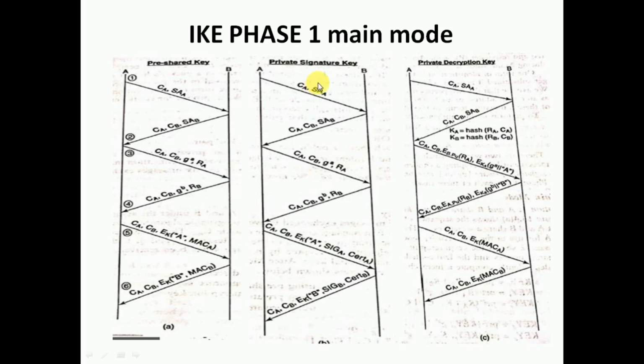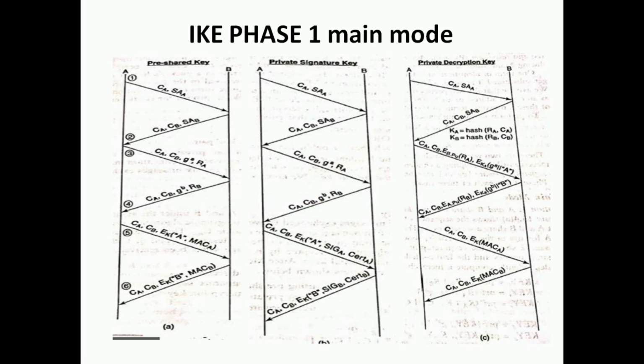Now in the second figure, that is the private signature key, the sequence of messages exchanged between A and B is similar to the previous case. Here also it first sends the cookie, then the security association of A, then it accepts the cryptographic algorithm to be used. Then they both exchange the nonces and Diffie-Hellman partial keys. Next, the difference is that the authentication and integrity protection of messages is effected by digital signatures on MAC A and MAC B using their private keys.